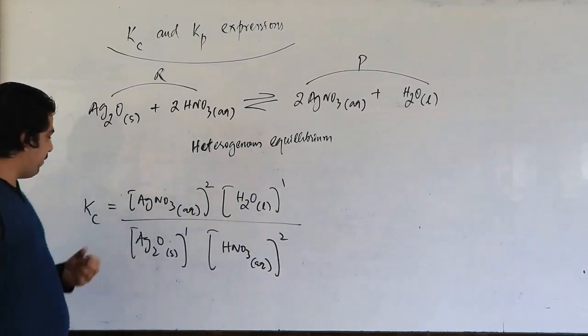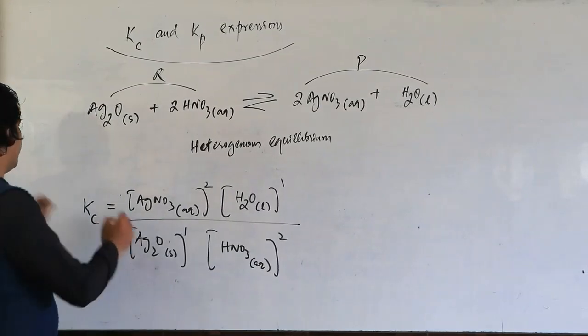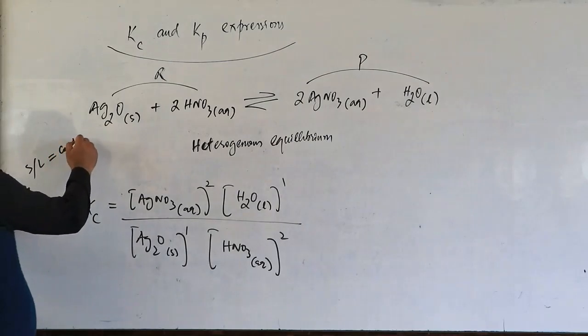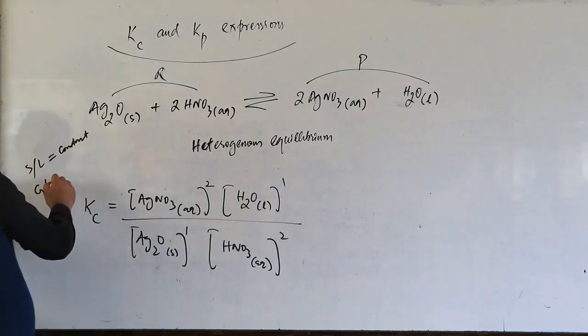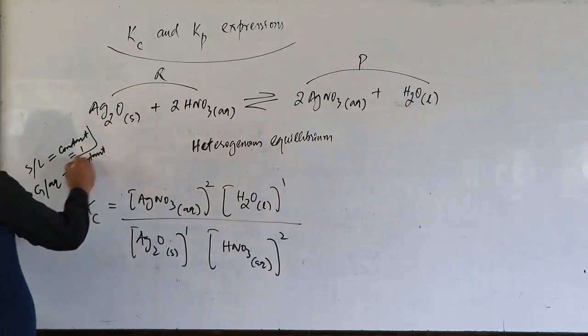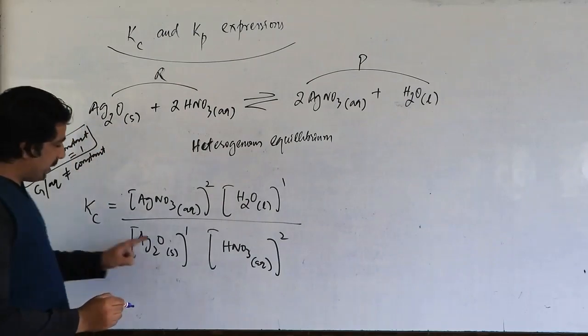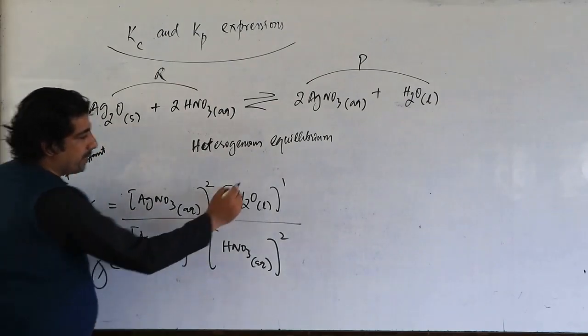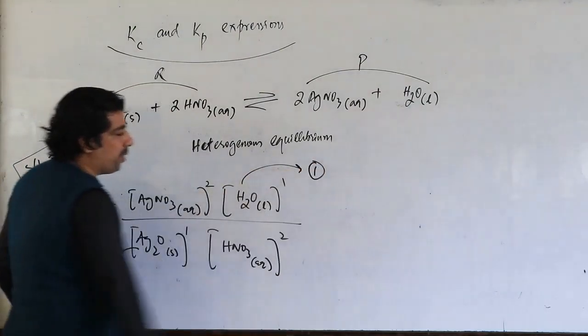So my dear friends, when we talk of Kc, you are already aware: solid and liquid are constant. Gas and aqueous are not constant. When solid and liquid are constant, that means their value is unity, equal to 1. So this is your solid, its value will be 1. This is your pure liquid, its value will be 1.